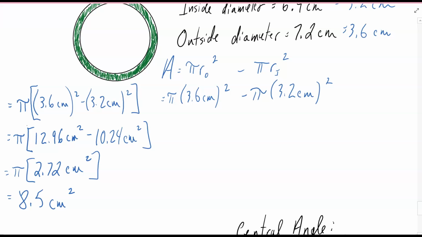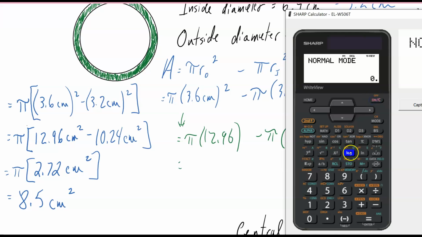Okay, now we could have just completed each of these values here, which would be pi times 12.96 minus pi times 10.24. We would get decimal values for each, right?